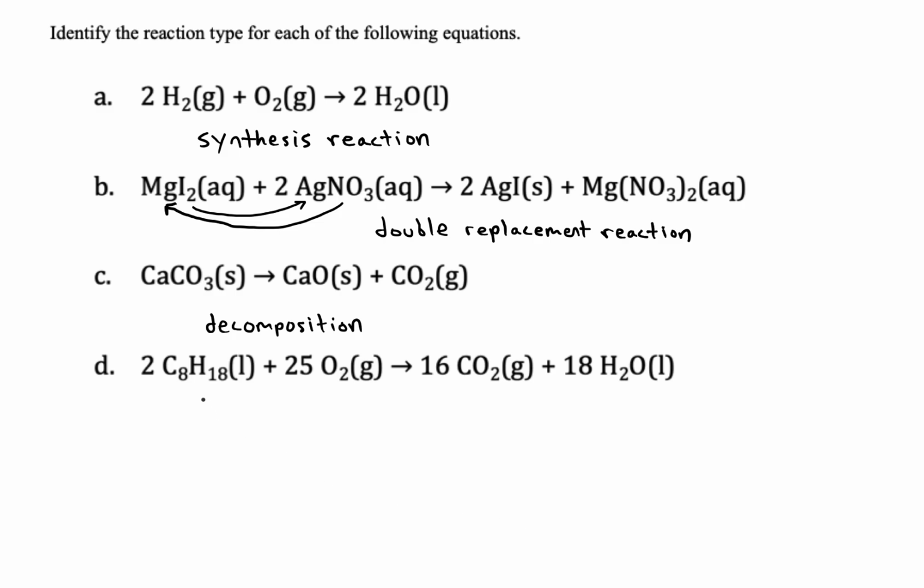And finally, we have octane combining with oxygen to make carbon dioxide and water. That is the burning of octane. It is a combustion reaction. Such as would be done in a gasoline engine.